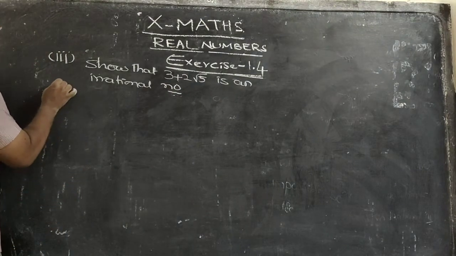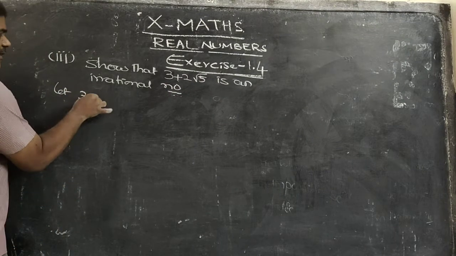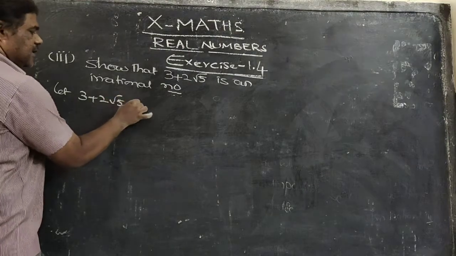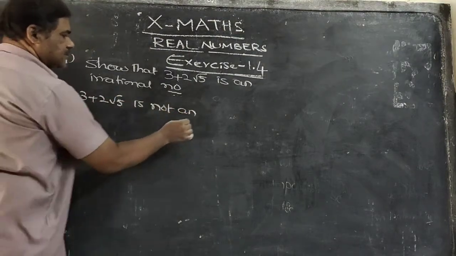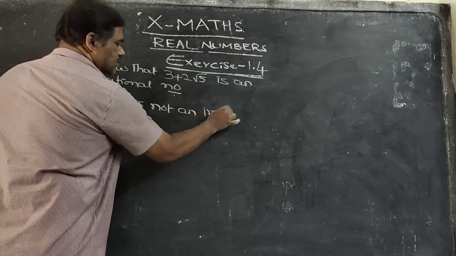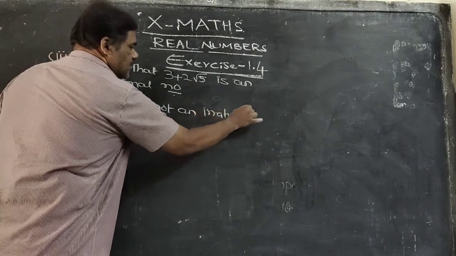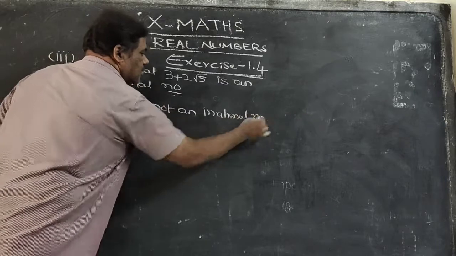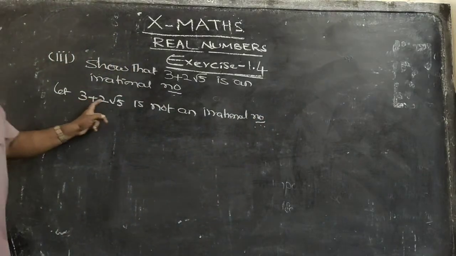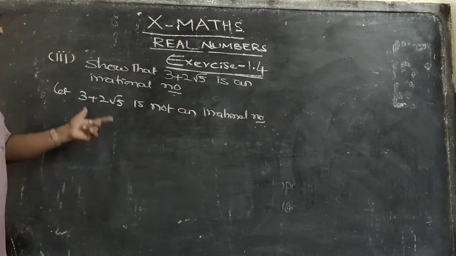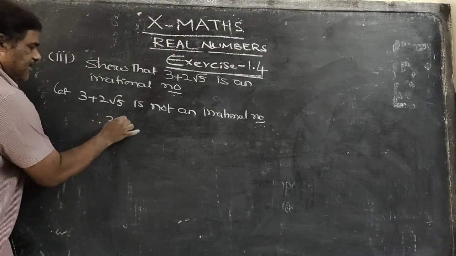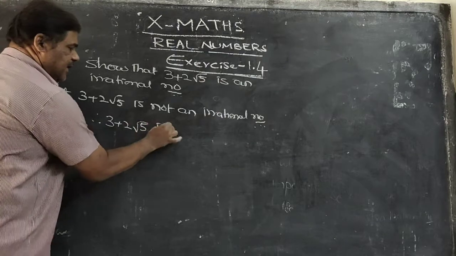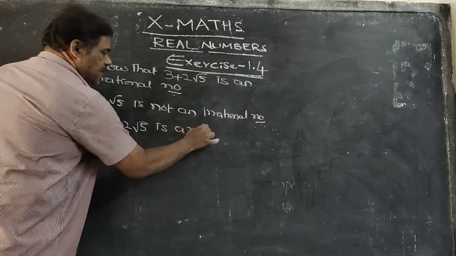So first let us suppose that 3 plus 2 root 5 is not an irrational number. If a number is not an irrational number, then automatically it will become a rational number. Therefore, 3 plus 2 root 5 is a rational number.